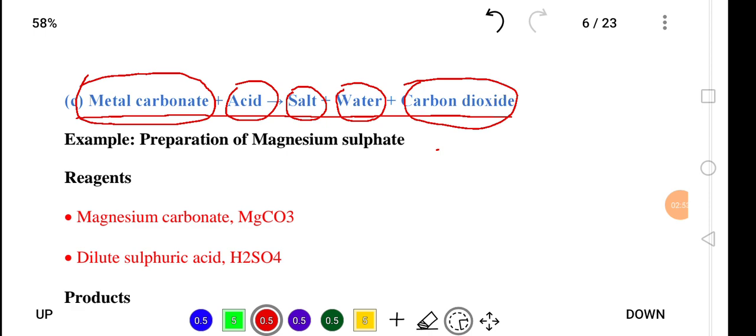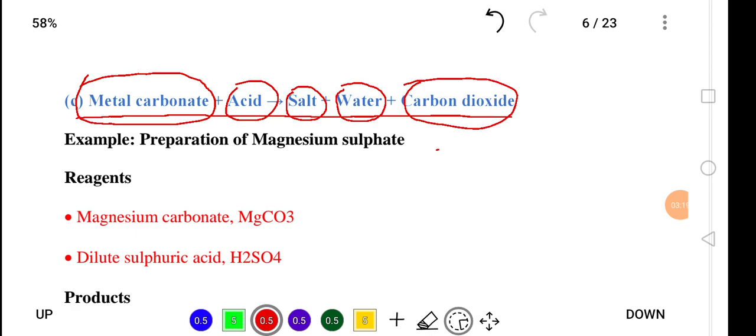Now, in the definition of neutralization, we defined strongly that it's the reaction between an acid and a base to form a salt and water only. But we also need to understand that we can prepare a salt from metal carbonates.